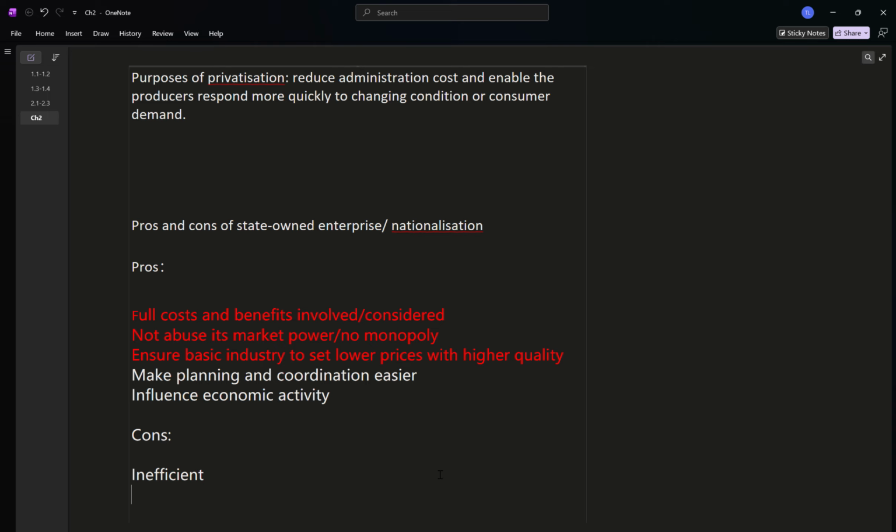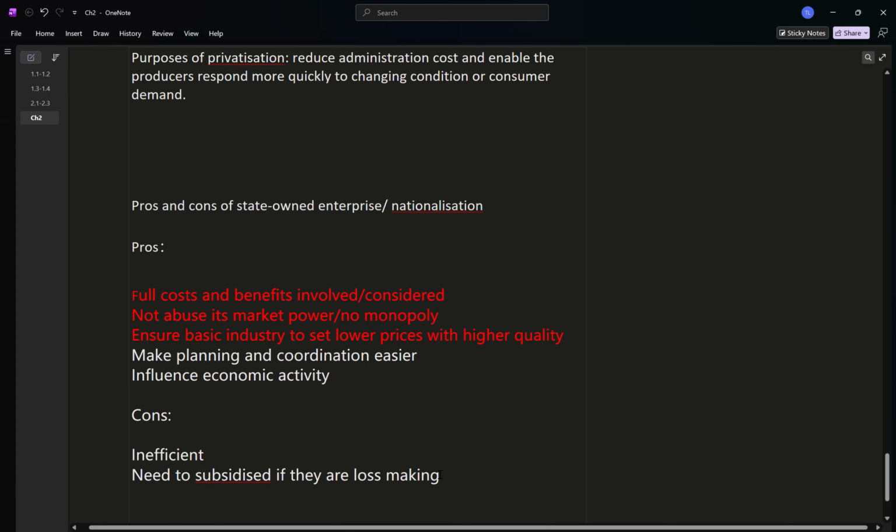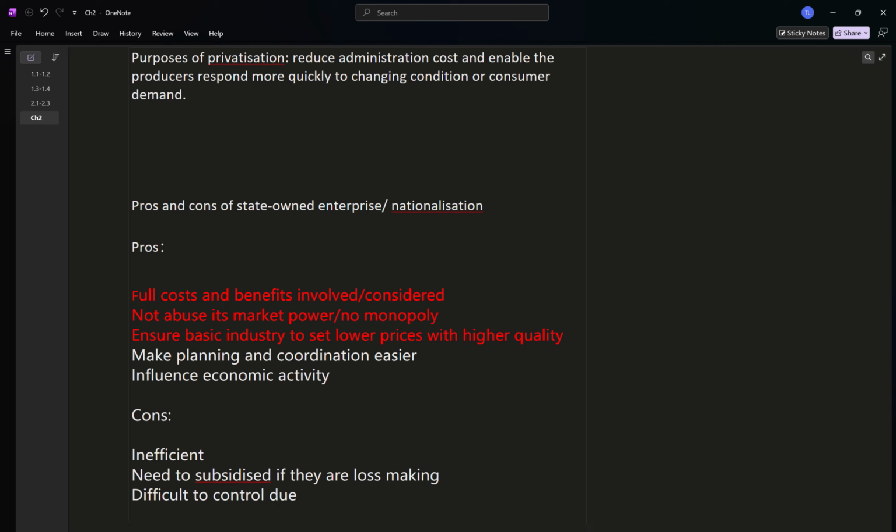And if you take over the production and the market is going down, your government is responsible to give subsidies. So it leads to being subsidized if they are loss making. The last one, difficult to control due to bureaucracy.